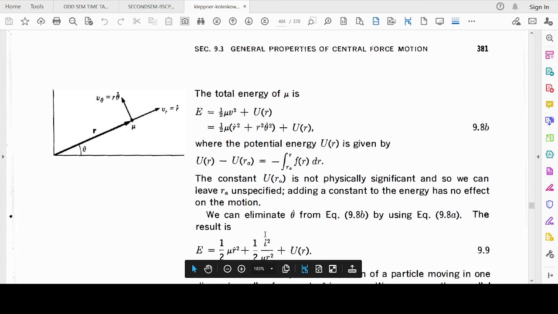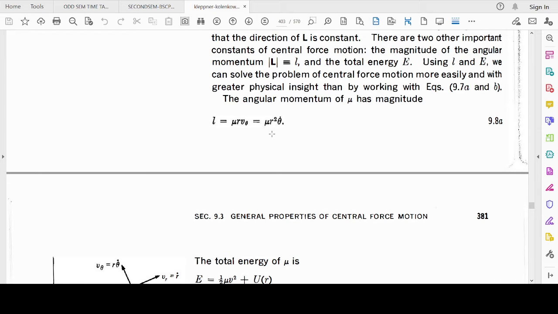Okay, now we have the energy equation. As I told you, kinetic energy is given by half mu v square, that is r dot square plus r square theta dot square, plus U of r. I know that the angular momentum L is equal to mvr, that is m r square theta dot, because v is equal to r omega, sorry.